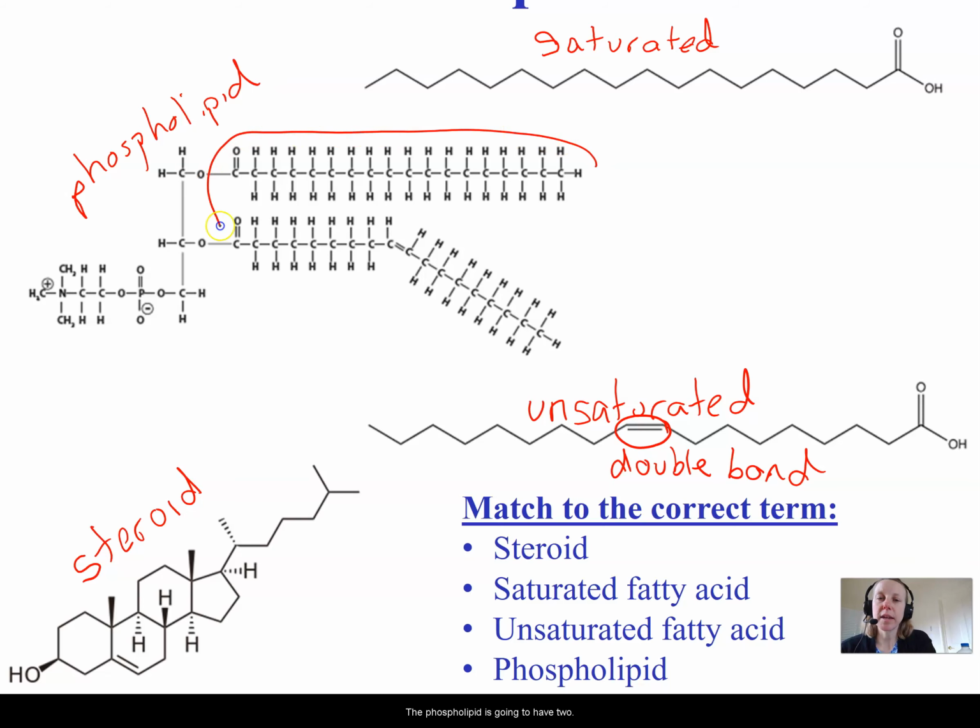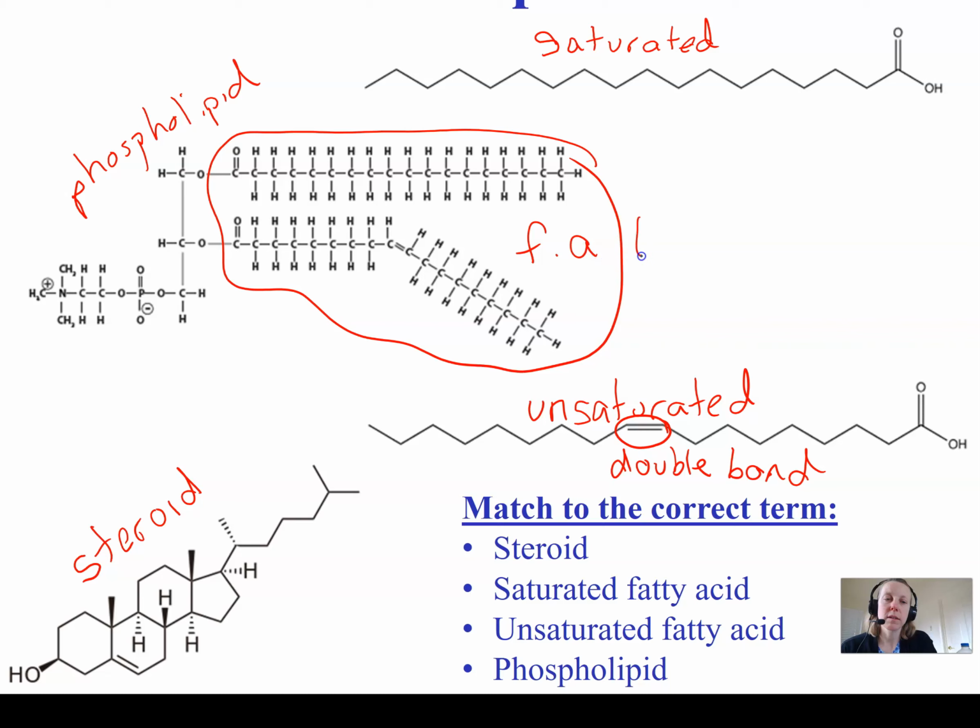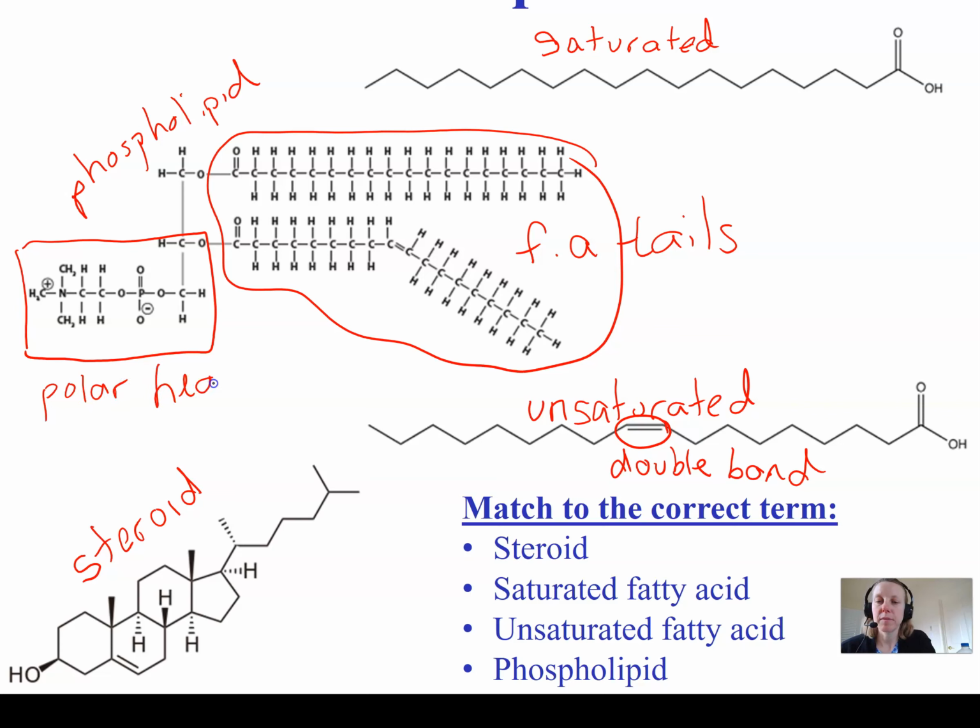The phospholipid has two fatty acid tails and a polar head group. So phospholipids wind up being amphipathic because part of them is polar, this head group here, and part of them is nonpolar as well.